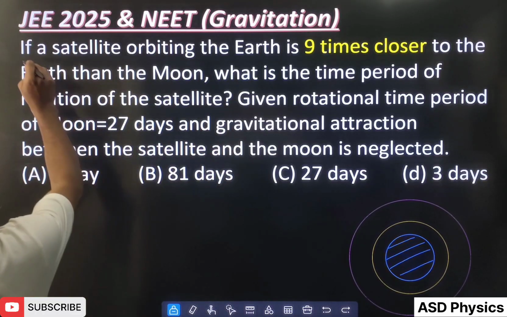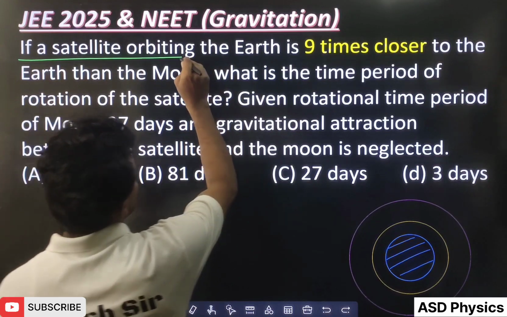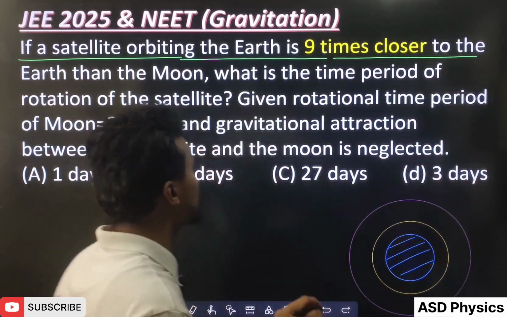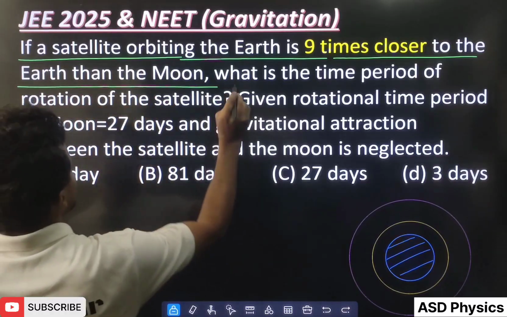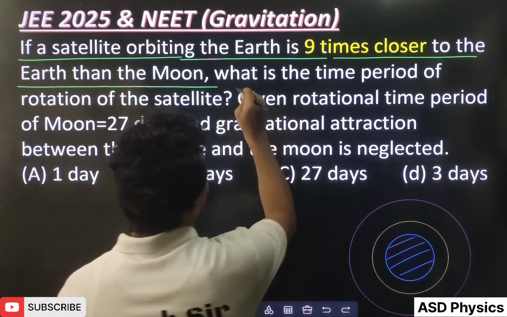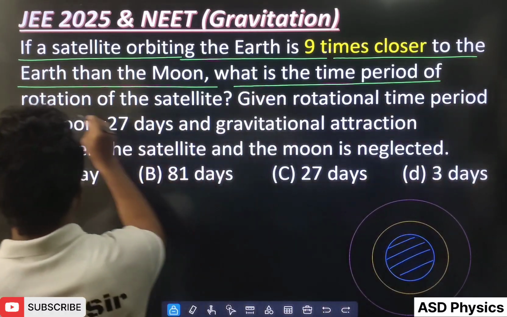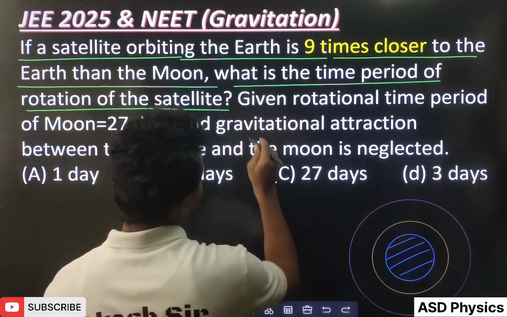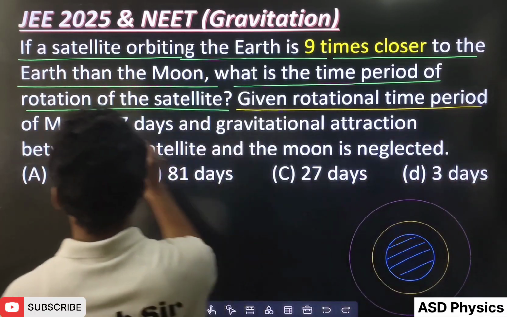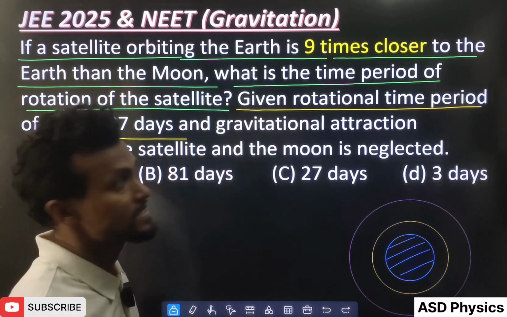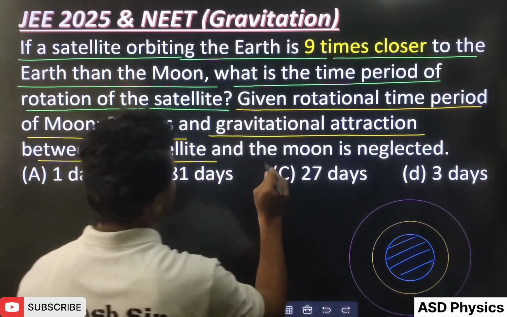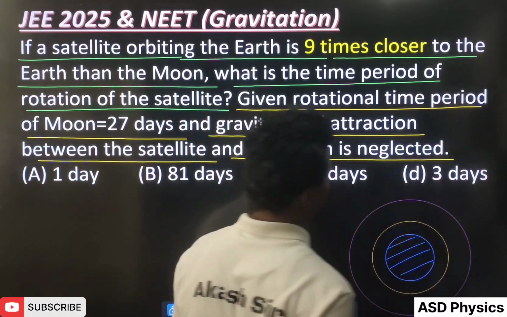The question is here: if a satellite orbiting around Earth is 9 times closer to the Earth than the Moon, very important key point, what is the time period of rotation of the satellite? Given the rotational time period of the Moon is 27 days, and gravitational attraction between the satellite and the Moon is neglected.